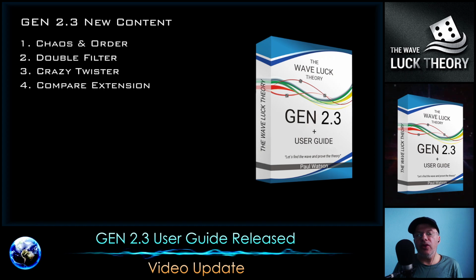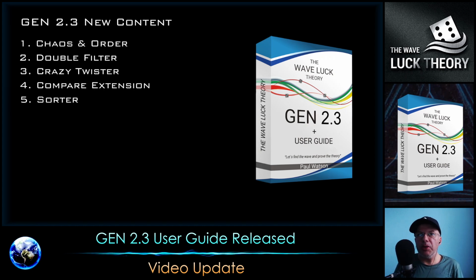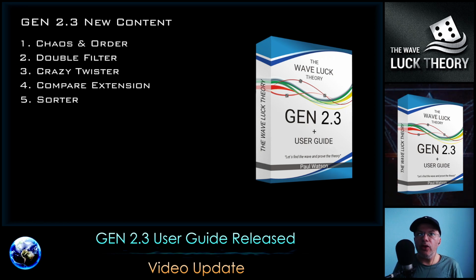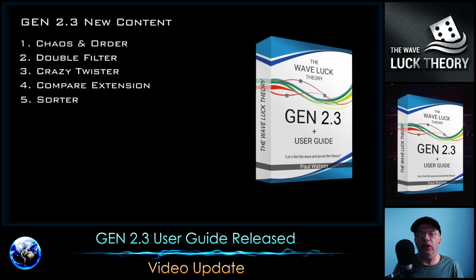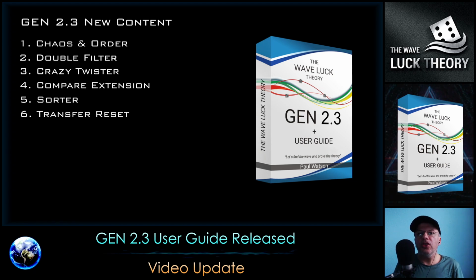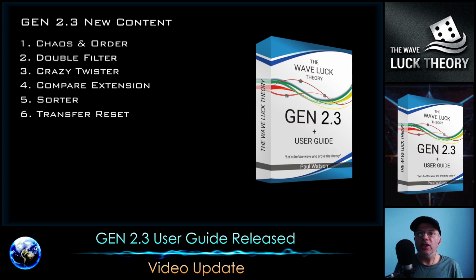The compare function was extended and the sorter was implemented into this compare function for a better overview of all results. Then the reset was integrated into the transfer function, which allows you to change and reset certain settings during the transfer process.